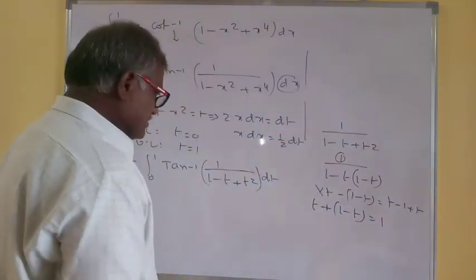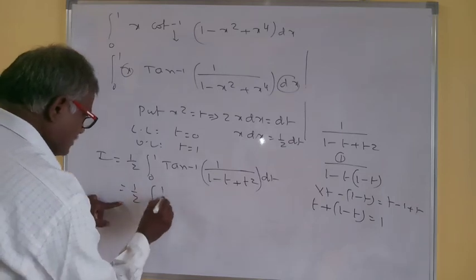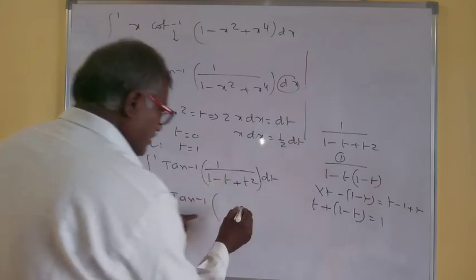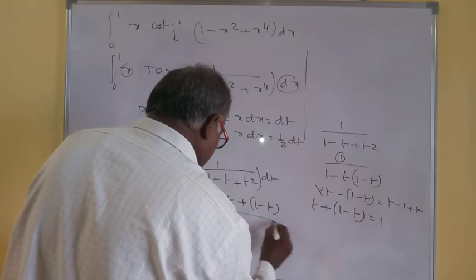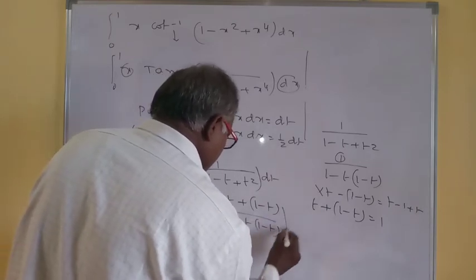Now I can rewrite 1 by 2, 0 to 1, tan inverse of t plus 1 minus t by 1 minus t into 1 minus t dt.